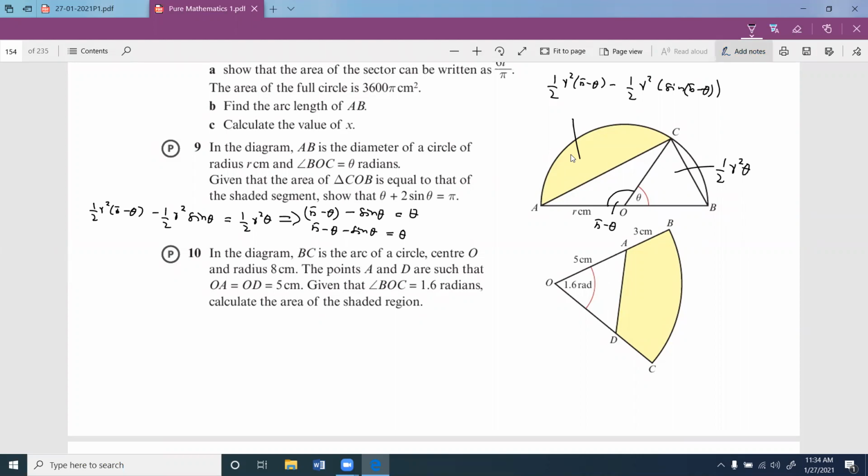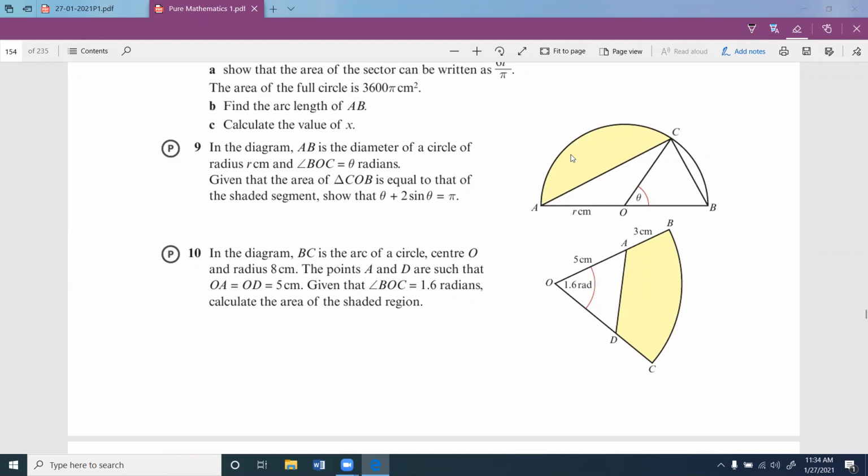Here, there is something wrong. Over here, so you can say sine (pi minus theta) again turns into sine theta.